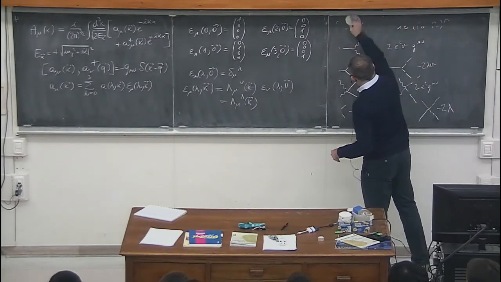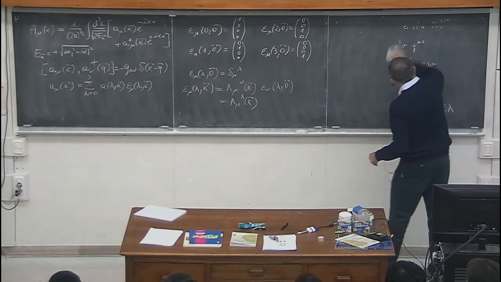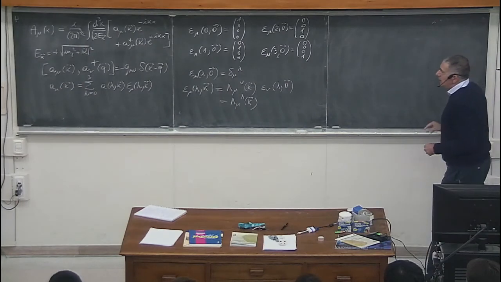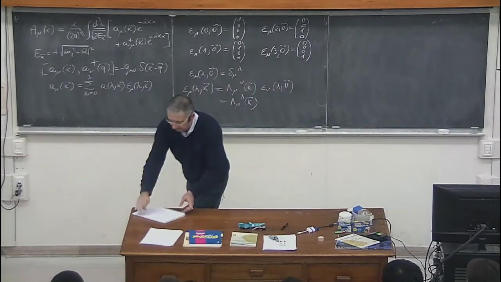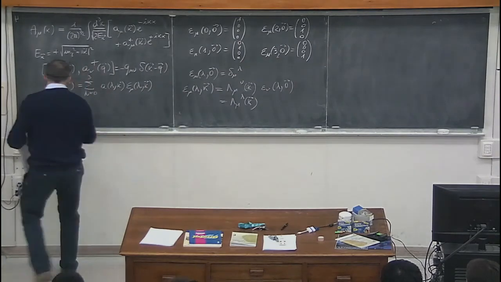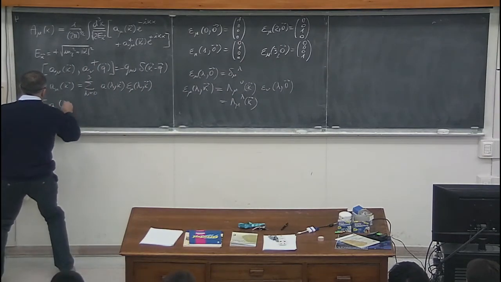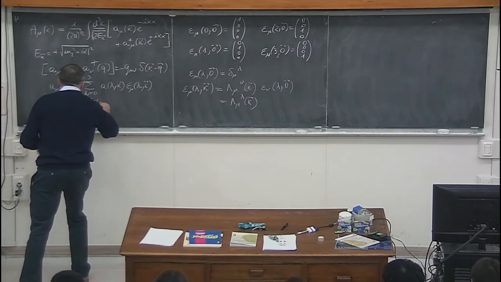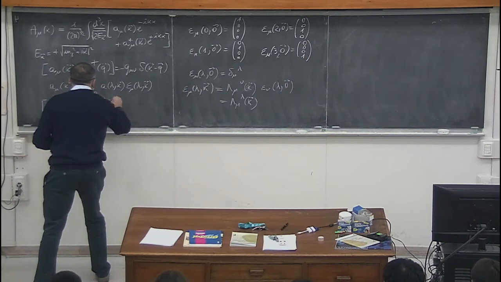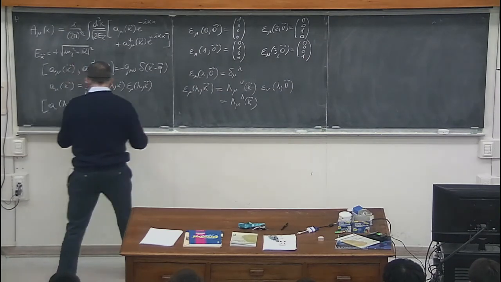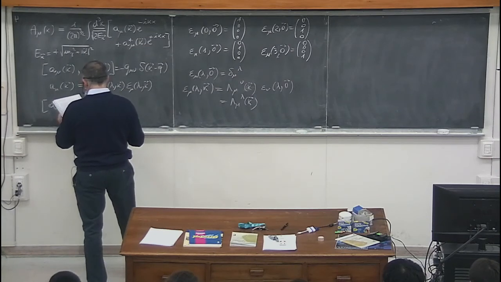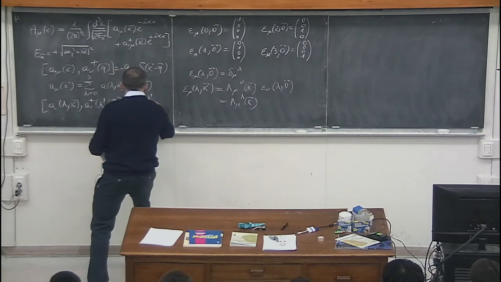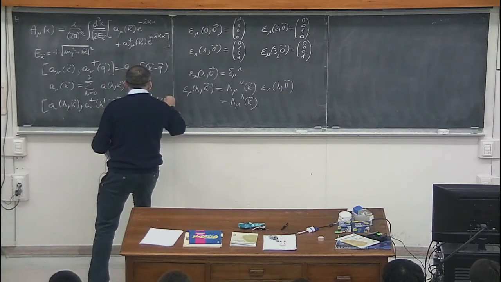I have to erase these beautiful Feynman rules. I will rewrite them when we need it. And what I get is a lambda of k commutator with a dagger lambda prime of q equal to minus g lambda lambda prime delta of k minus q.